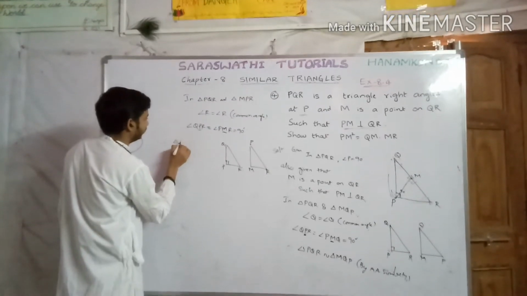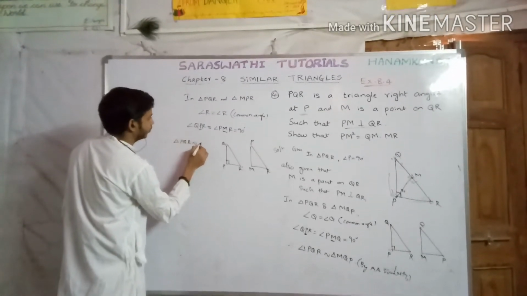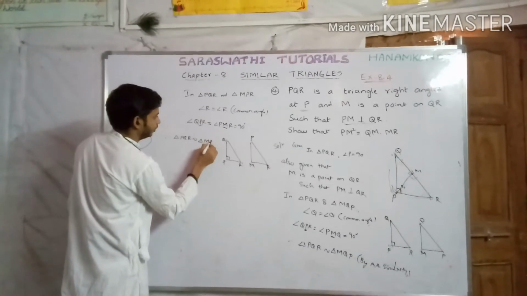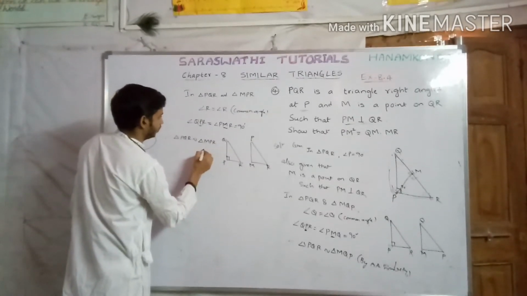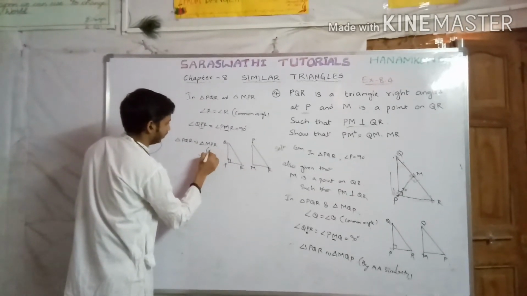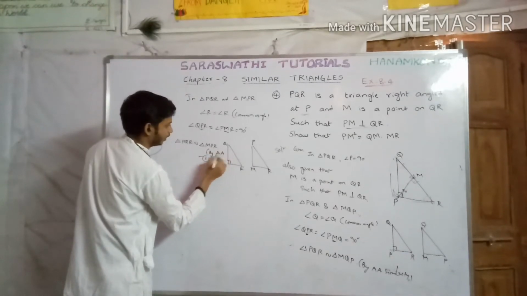Therefore triangle PQR is similar to triangle MPR. So this is the second equation, by AA similarity.